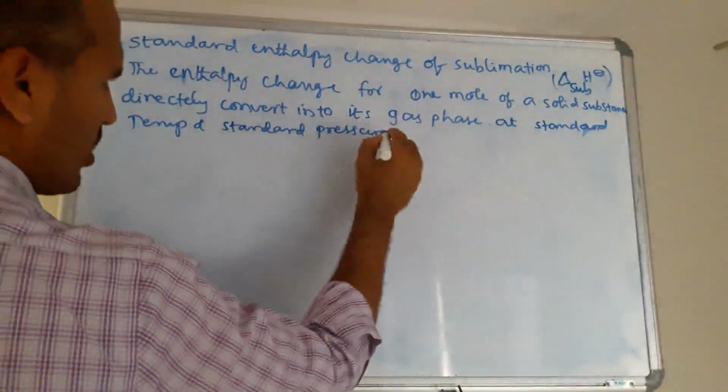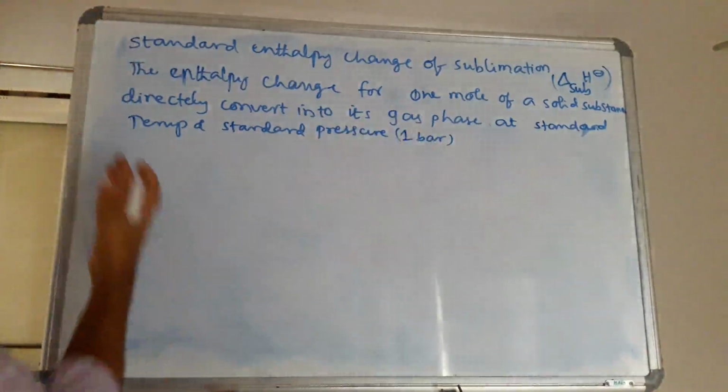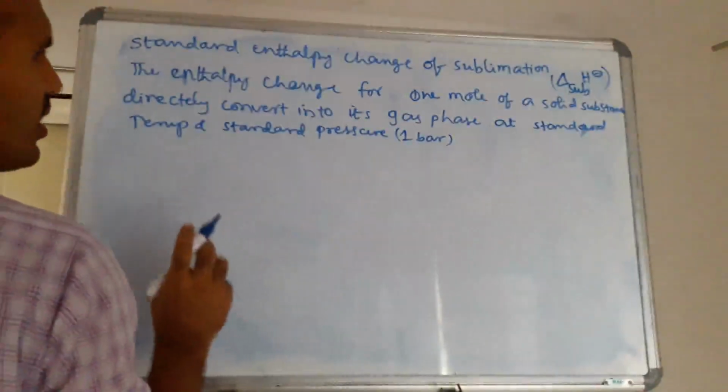What are the standard temperature and pressure? That is 1 bar pressure. This temperature may vary, I know already. It may be considered room temperature also, 298 Kelvin.